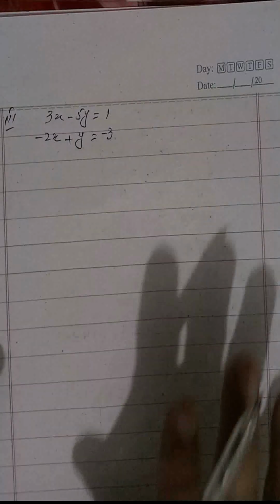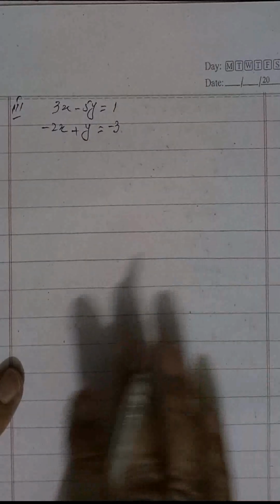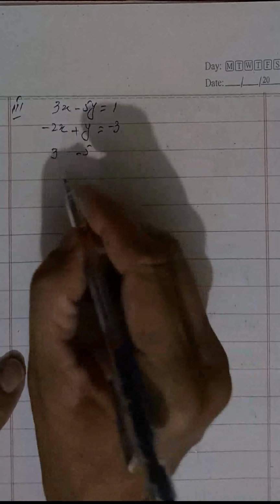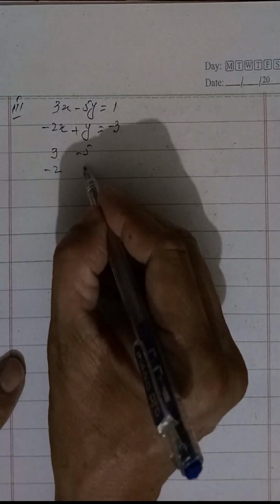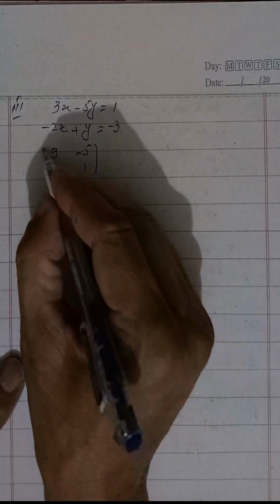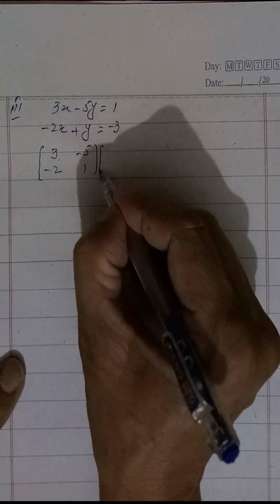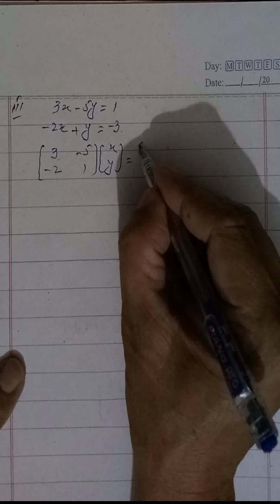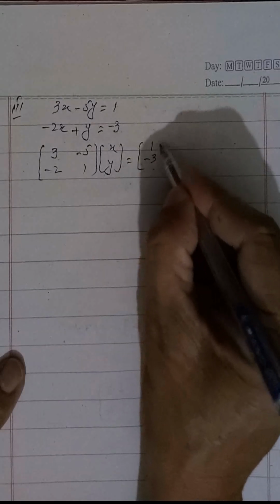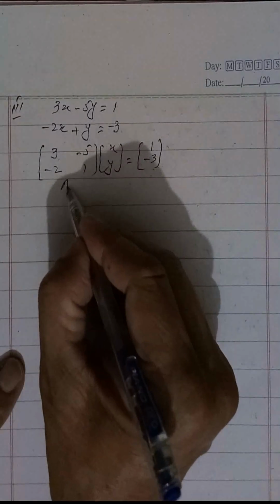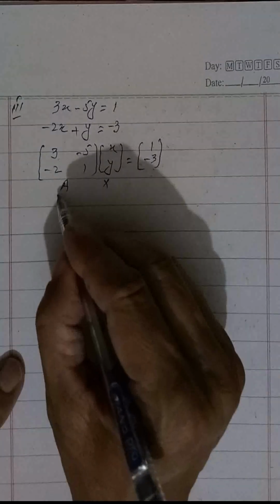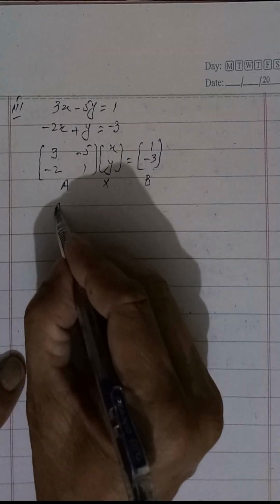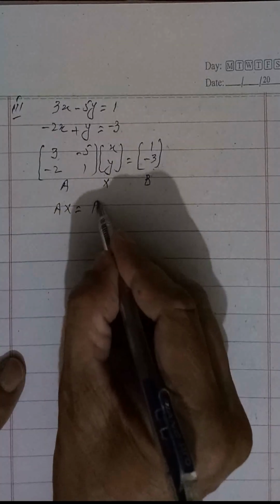Now form them in the matrix form, we get [[3, -5], [-2, 1]] multiplied with [x, y] is equal to [1, -3]. Here this is A, this is x, and this is B, and we find Ax is equal to B.